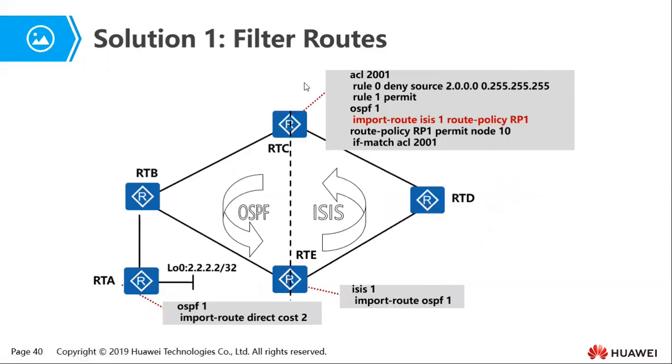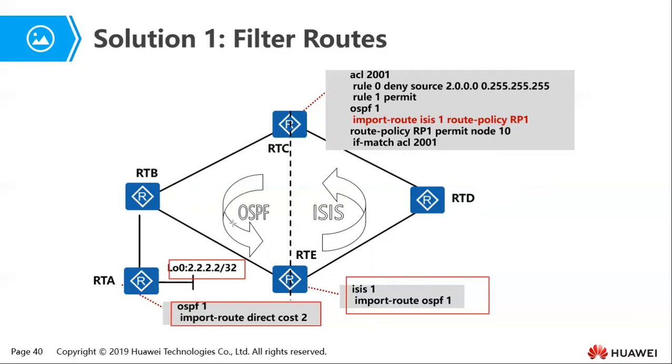So the solution to this: we can still go ahead and import this particular route to OSPF 1. But now on RTE here, we import routes from OSPF into ISIS 1.